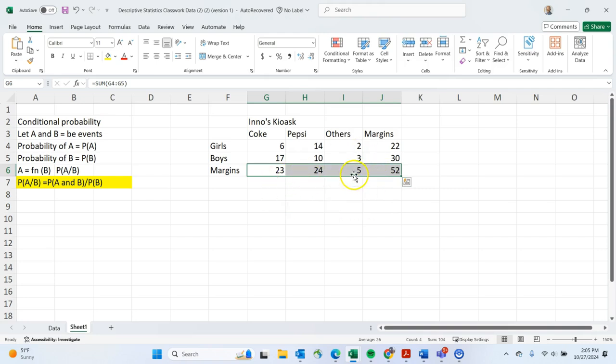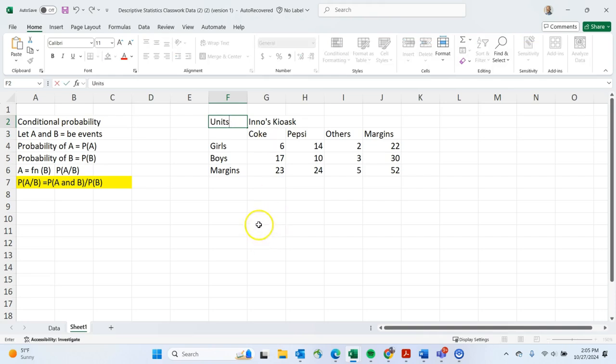We have 23, 24, 5, and 52 is the grand total. We can also see the margins on the other side for the number of girls and boys, and all of them make 52. So these are units. We're expressing this in terms of units. And let me highlight that.